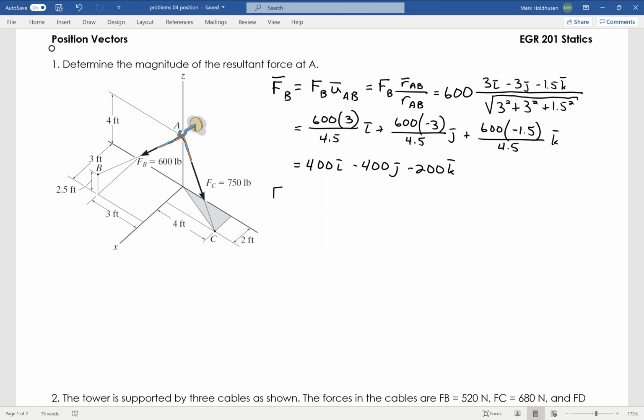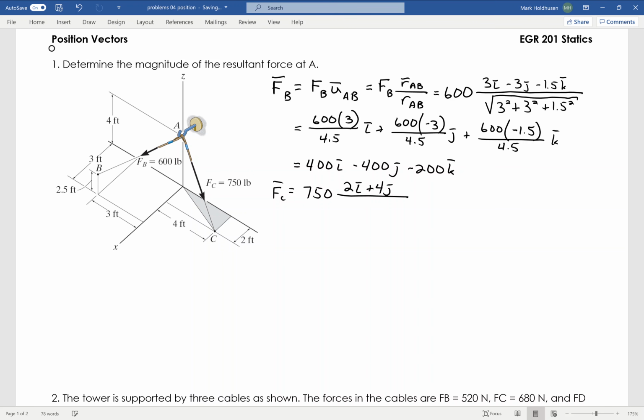FC here, which is 750. And again, I'm going to take that times how much I go from A to C this time in the x, y, and z. So going from A to C, I go from 0 to 2 in the x. In the y direction, I go 0 to 4, so that's plus 4.